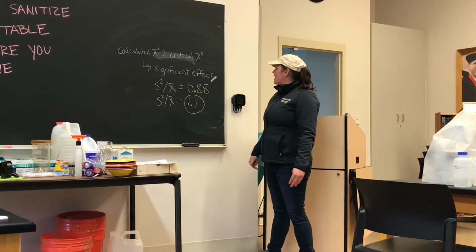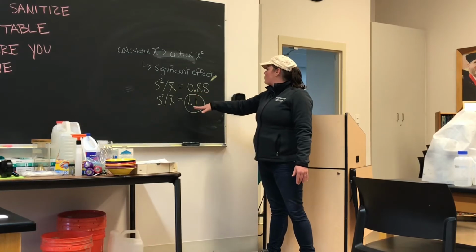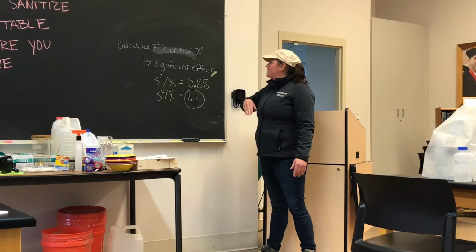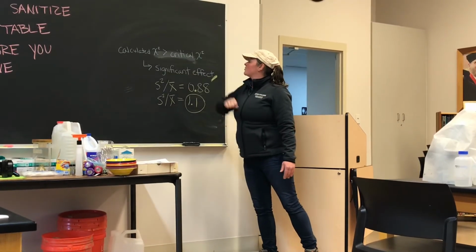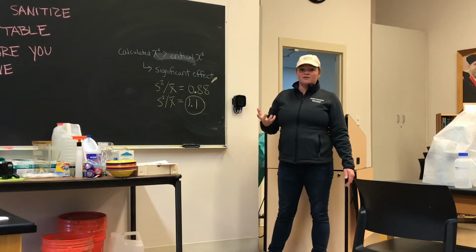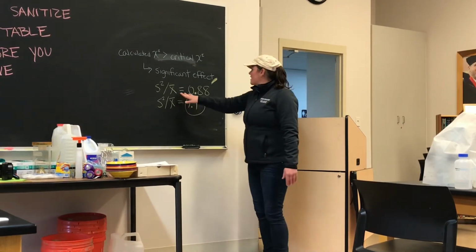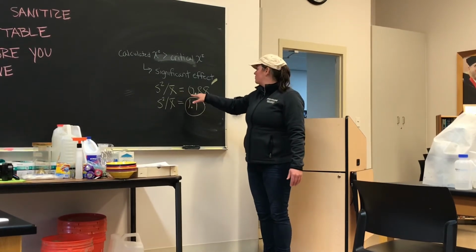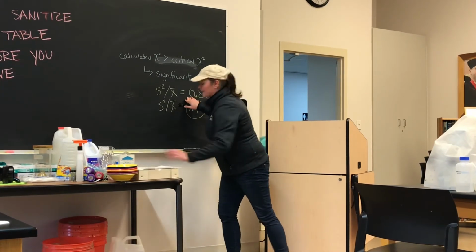So say you calculate a value of 1.1 as your variance to mean ratio, and you get a calculated chi-square that is less than the critical chi-square. You have a non-significant effect and a random distribution pattern. Say instead you calculate your variance to mean ratio and you get a value of 0.88.